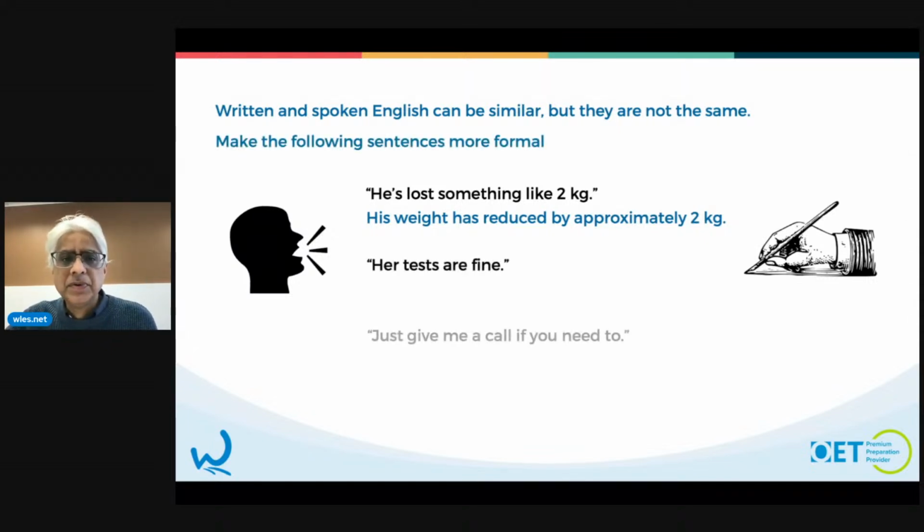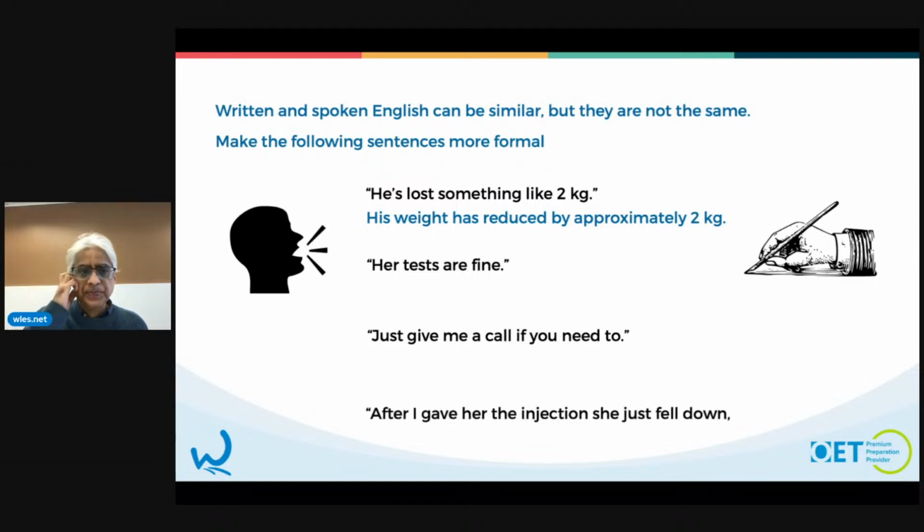Look at a couple of examples here. Let's turn these sentences into more formal sentences. First of all, her tests are fine. So just take a few seconds, have a think about this, and think about how you could transform this into a more appropriate formal sentence.